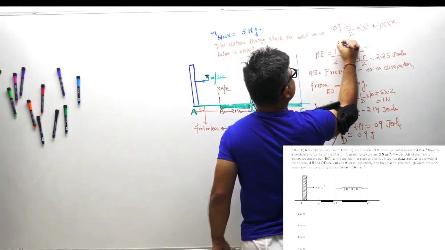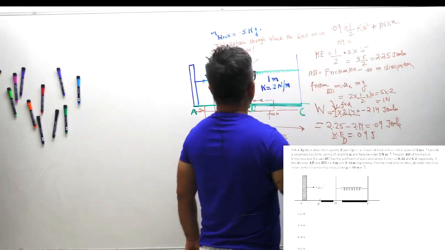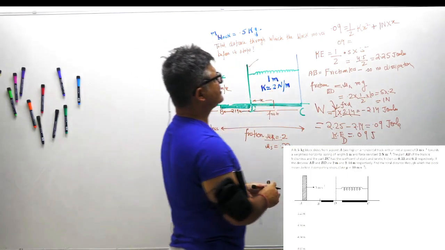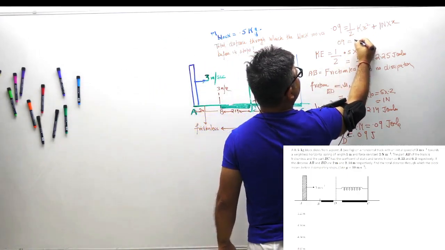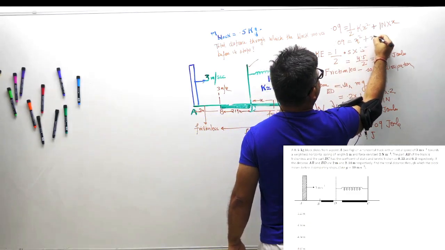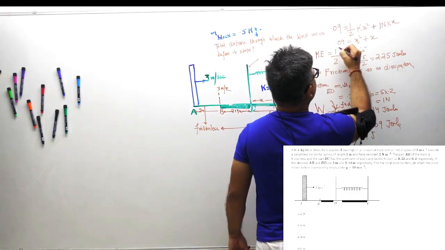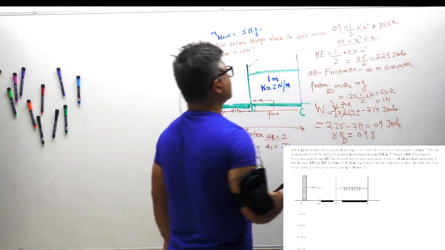So this is 0.09 is equal to, your spring constant is 2. So let's put it as 2. So you will get x squared plus x, right? Okay, so here is your, so to say, the quadratic.